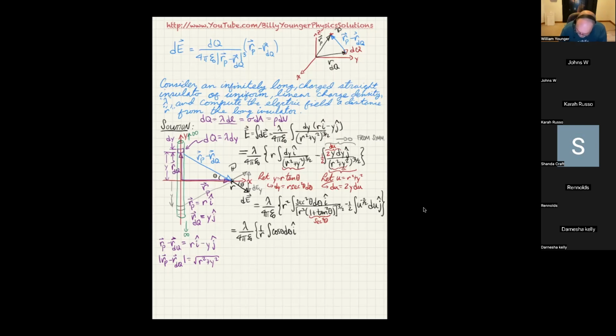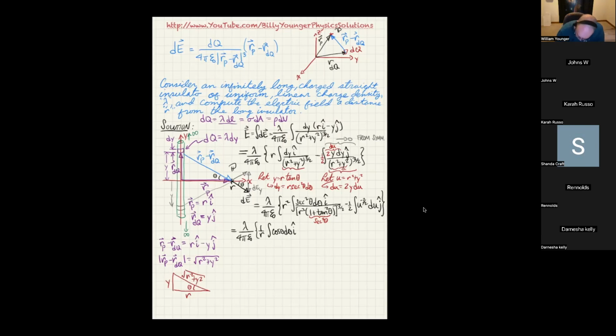Now I want to point out something neat. When I did y equals r tangent theta, that trig substitution basically made this angle theta such that r would be the horizontal leg and y would be the vertical leg. And in fact, this part right here would be the square root of r squared plus y squared. But the main thing is, when we see that, we can say, oh, well, that's easy enough.